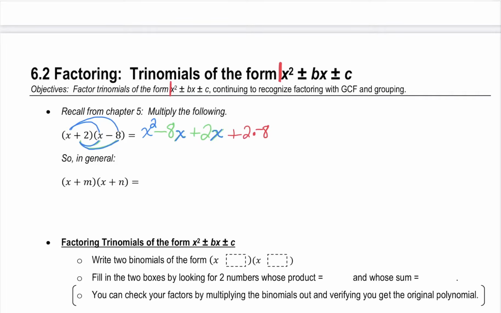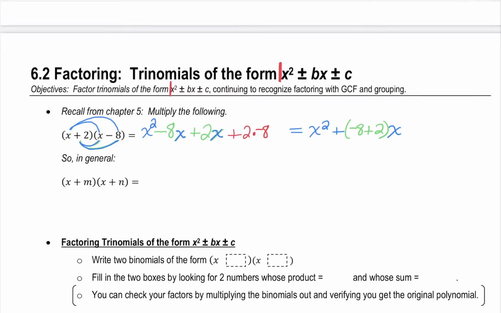So of course when we combine our like terms, we end up with the x squared plus, and then it's the operation of those coefficients of the x when we combine like terms. We add up those coefficients, that's what we do with like terms.